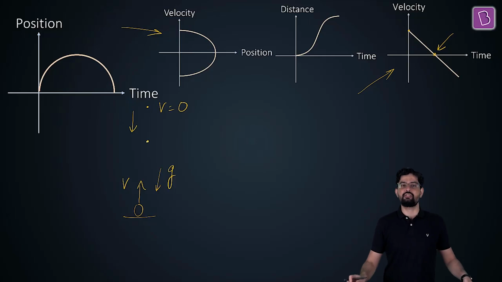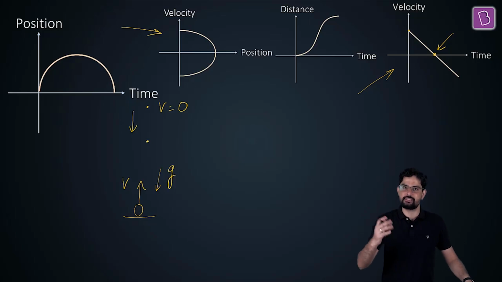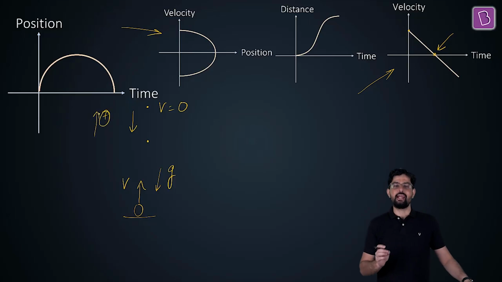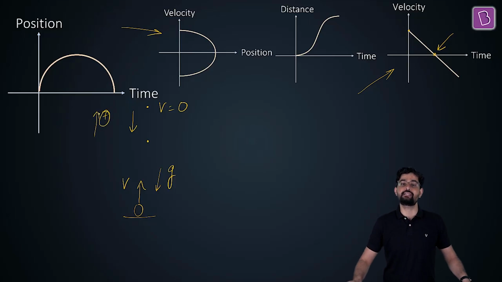At this location, the particle will have two velocities, one positive and one negative. The positive velocity will be attained when the particle is going upwards, assuming the upwards direction as positive. And at the same position, negative velocity will be attained when the particle is coming down.